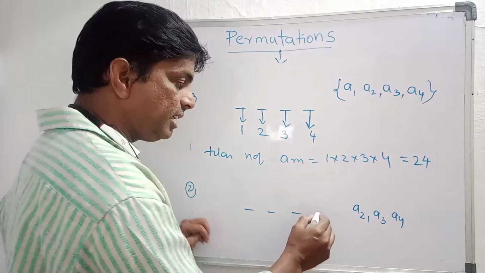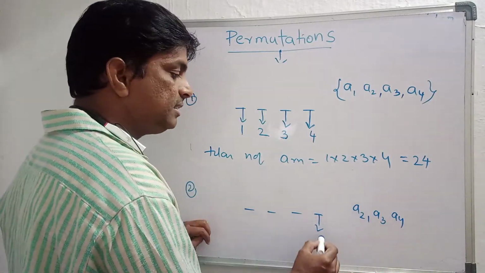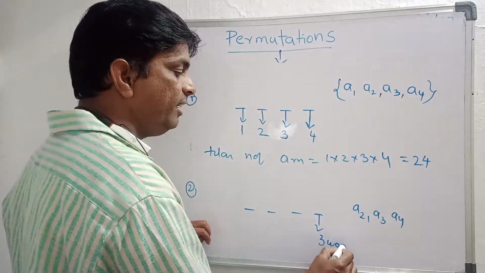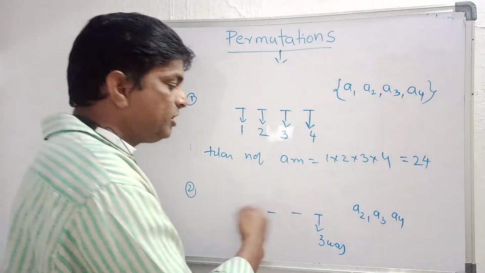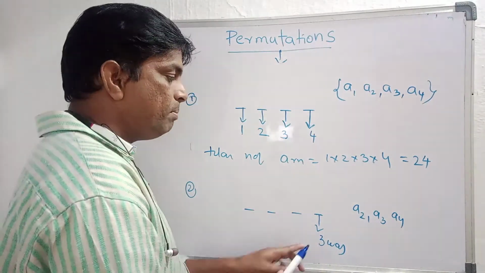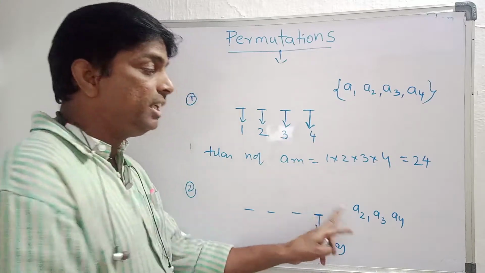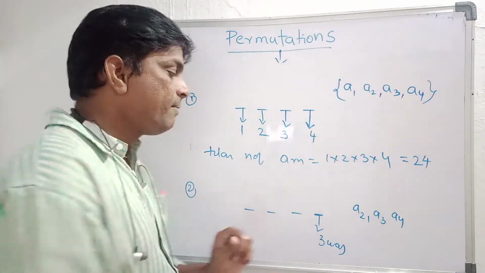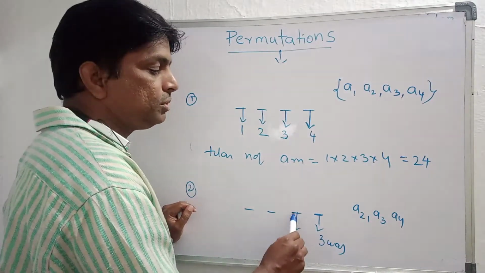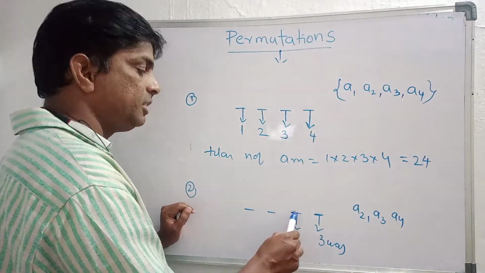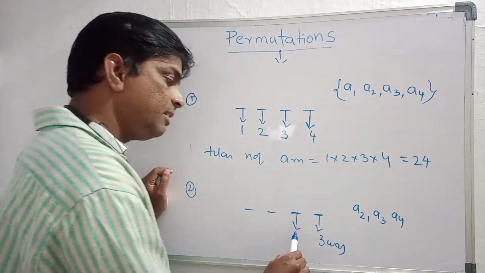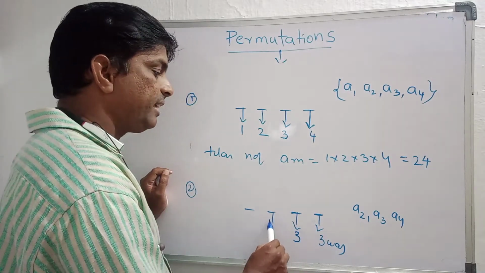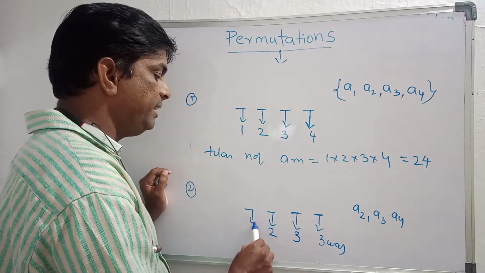So therefore filling of the last place can be done in how many ways? Three ways. Now here A1 can sit anywhere else. Now by this I have filled only one place with one person. Now still how many are left? Three. So this person, there is no issue here. This place I can fill with the remaining three persons, and this I can fill with the remaining two, and this is remaining one.